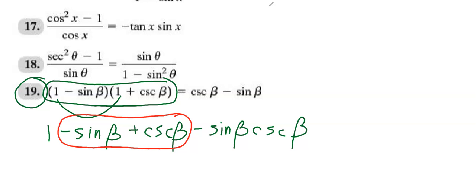You see it? Right here. Negative sine beta plus cosecant beta. They just have it reversed, but that's the answer right there. So what do you think is going to happen with that 1 and this over here? It's going to cancel. We have a clue as to what's going to happen in our answer. We just have to find the way to get there.